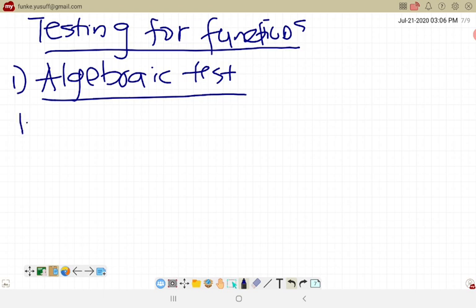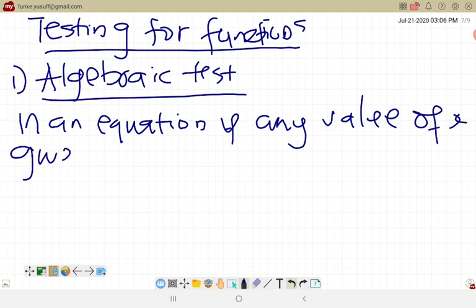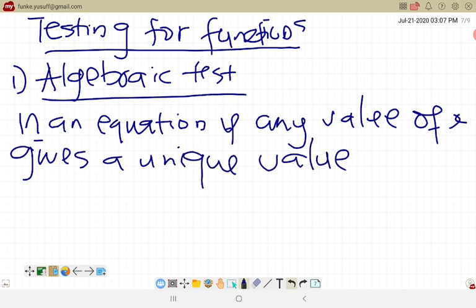So in an equation, if any value of x gives a unique value of y, then you have a function.